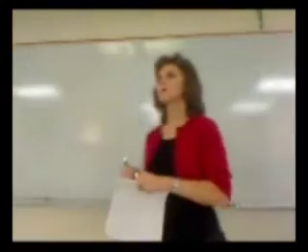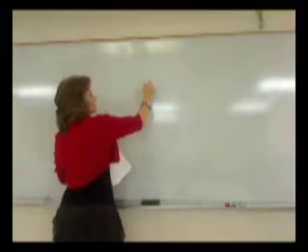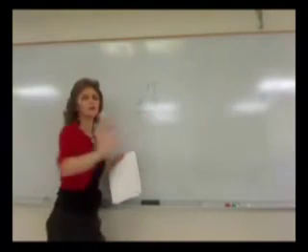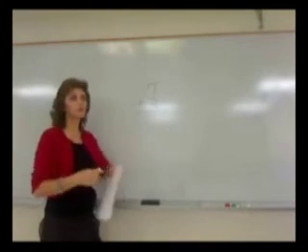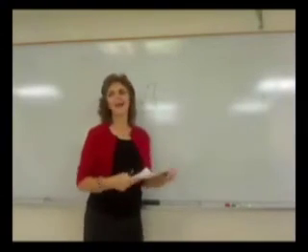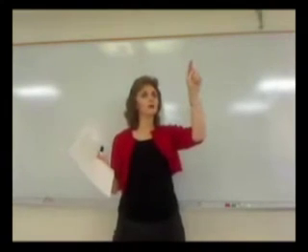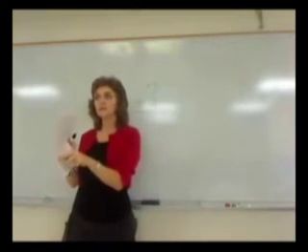If I were to ask you to add 7 plus 2, I know you can do that in your head, but I want you to use the chart. To add, you find one number at the top, one number at the side, and where they intersect is the answer.